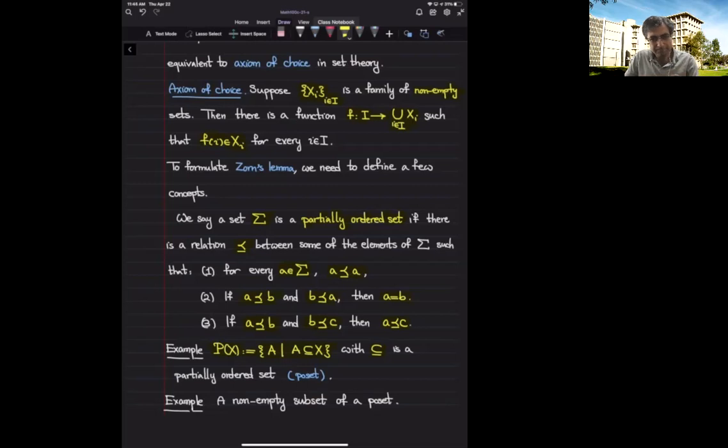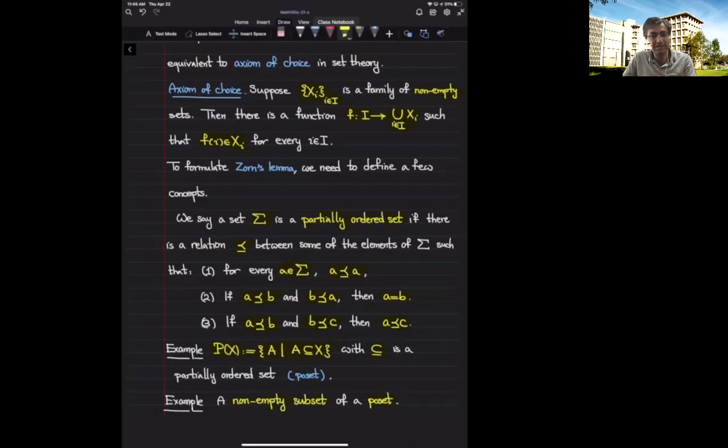Another source of getting posets is starting with some poset and taking a subset of that. So I can start with any poset that you give me and then just consider a non-empty subset of that poset. Again, with the same ordering as the original poset, I get a new poset. You see the key point here is that I cannot necessarily compare every two elements. Like two subsets of a given set, one of them is not necessarily contained inside the other one.